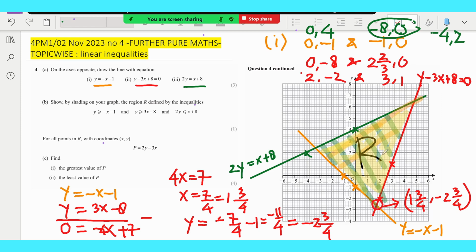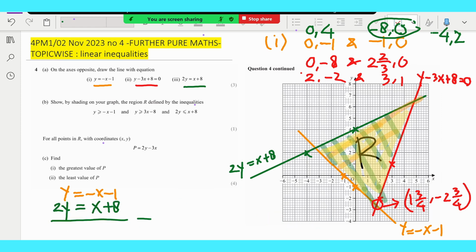So this is done. Now the intersection between the green and orange lines. We have the orange line and green line here, and we want to find the intersection, which is in here. So we write down the equation of the green line here. The x terms are the same, negative 1 and 1, opposite signs, so we add to cancel out the x. Negative x plus x is 0.